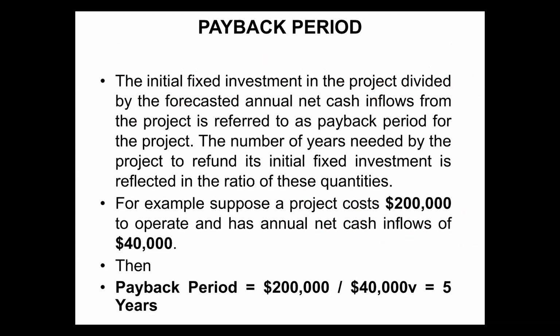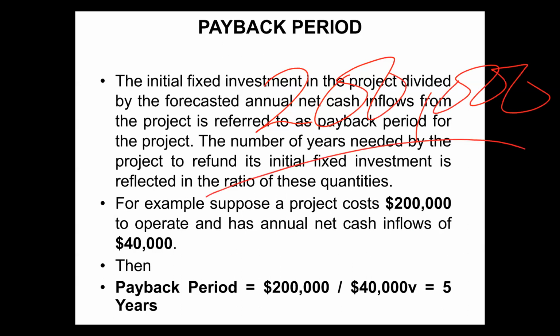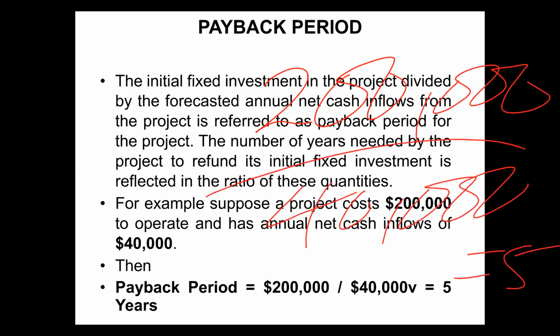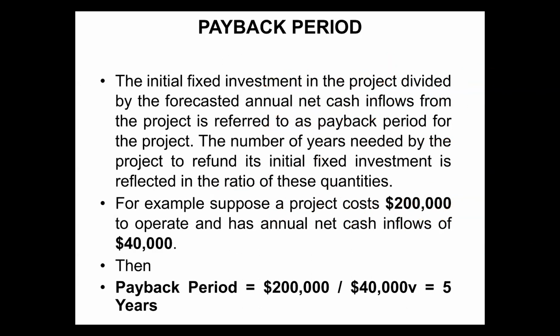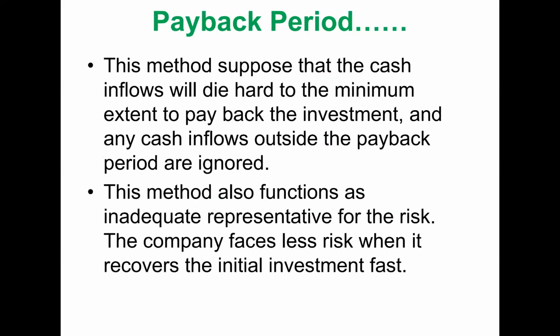Then the payback period will be 200,000 divided by 40,000, and that gives us 5 years. So approximately it takes 5 years for this project to give us back the money that we invested, or the initial investment.